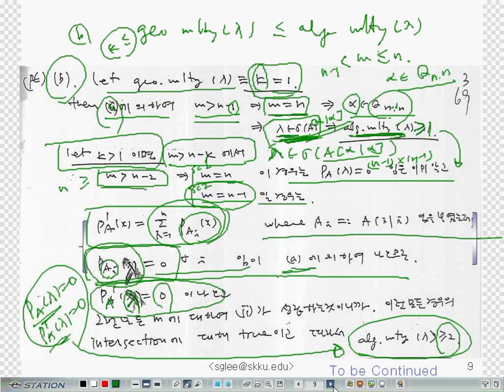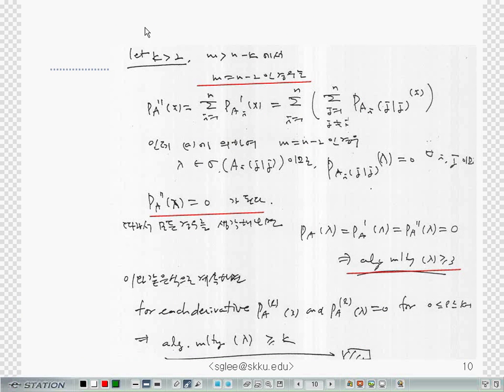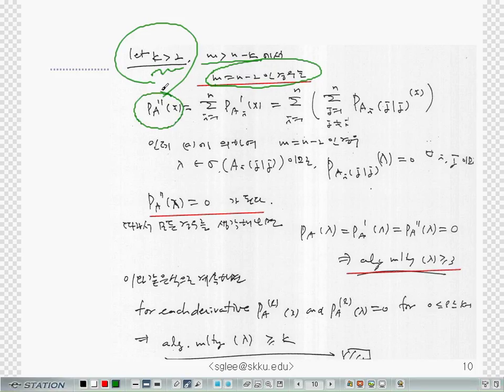Okay. Now we think about the case k is greater than 2. Then we still use part A of the theorem. If m is greater than n minus k, then for the case m is equal to n minus 2, we should think about the second derivative.